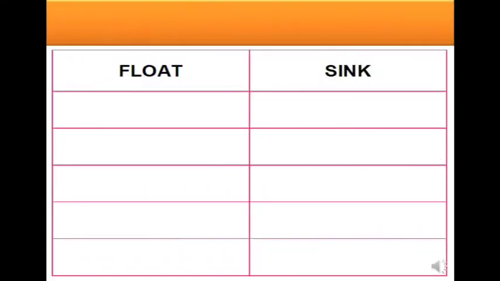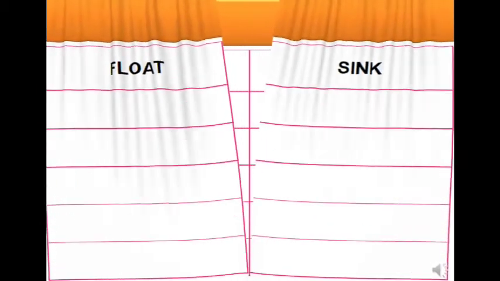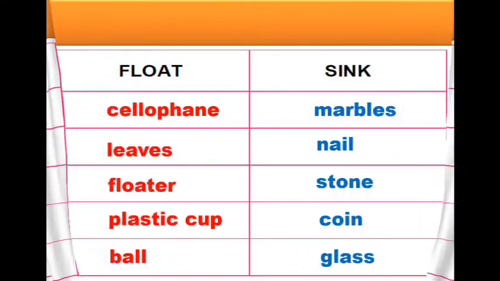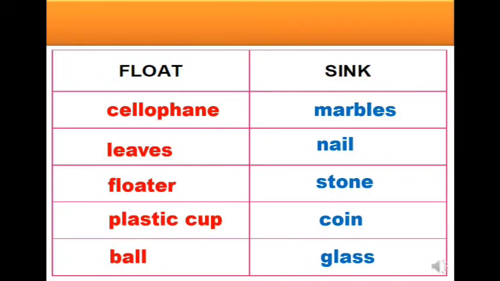So, ilalagay po dyan, will it float or will it sink? So, the materials that float are cellophane, leaves, floater, plastic cup, and ball. And the materials that sink are marbles, nail, stone, coin, and glass.